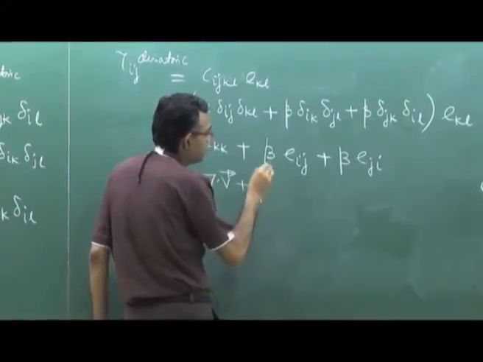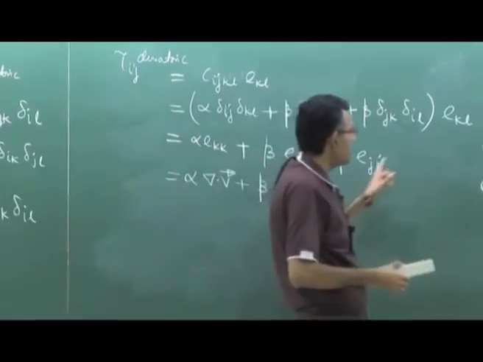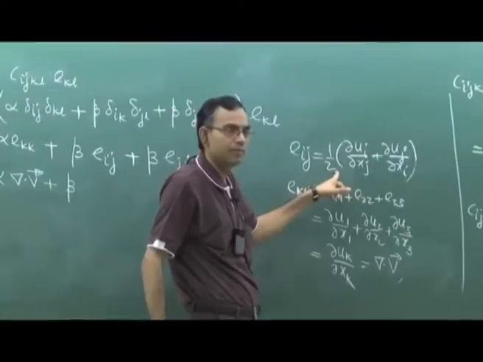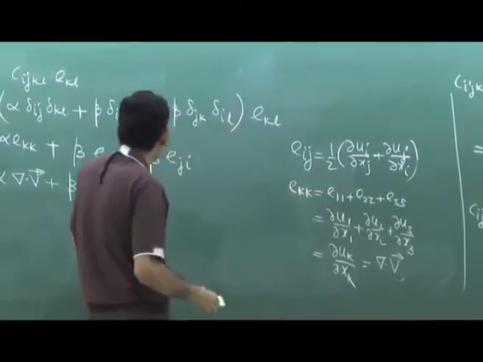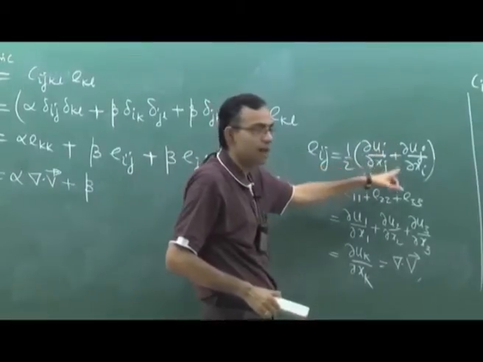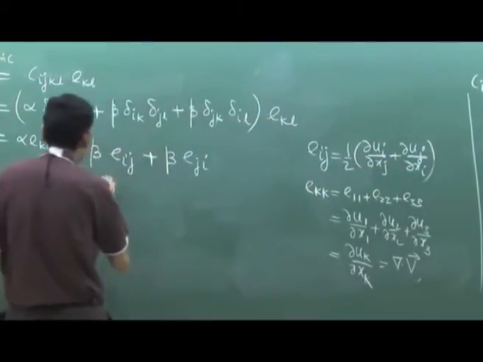beta. What is Eij and what is Eji? See, Eij and Eji are the same. So Eji plus Eij is basically del ui del xj plus del uj del xi.